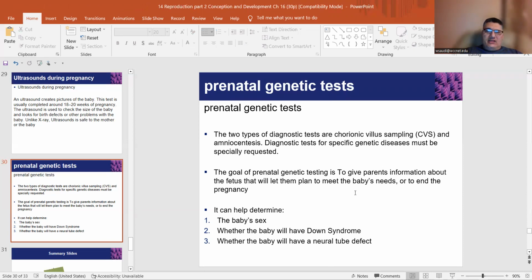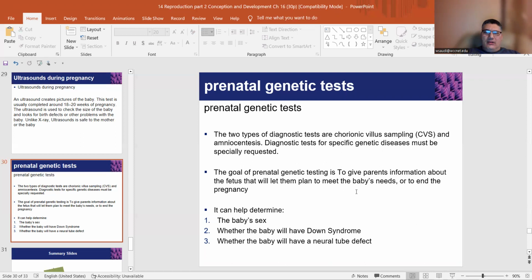The reason for that is to give the parents information about their fetus, what to expect. If the fetus is having this issue, what should you do? And what will be the needs? And do you want to actually proceed, or do you want to end the pregnancy? It will give you expectations.